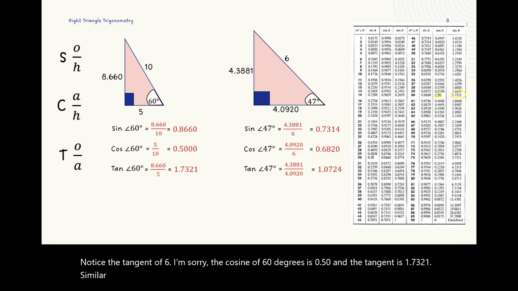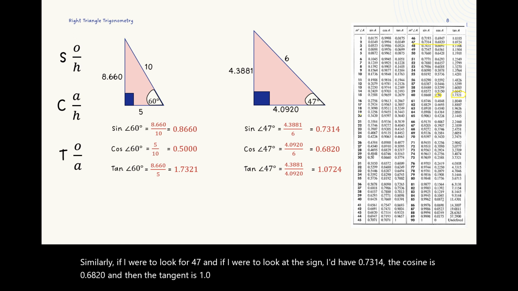Similarly, if I were to look for 47, the sine is 0.7314, the cosine is 0.6820, and then the tangent is 1.0724. It certainly is nice to have these in the table as well.